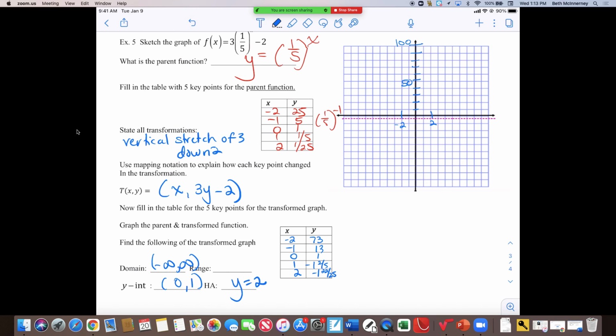All right, then negative 2, 73. I have negative 1, 13, 0, 1.